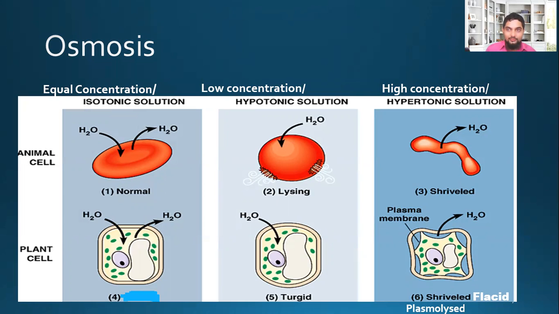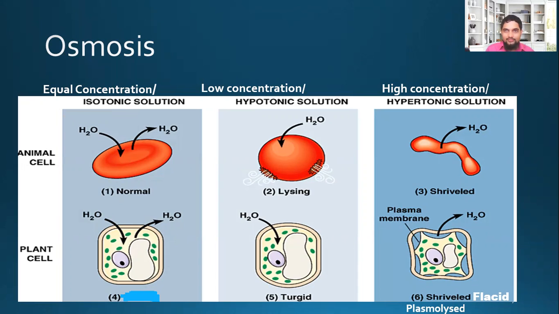So the water will move from the cell to the outside environment. The cell will obviously shrink, and there's a special term that you use for this for plant cells. You say that they are plasmolyzed. The cells become flaccid. As you would see in a plant, the plant leaves will fall downwards.